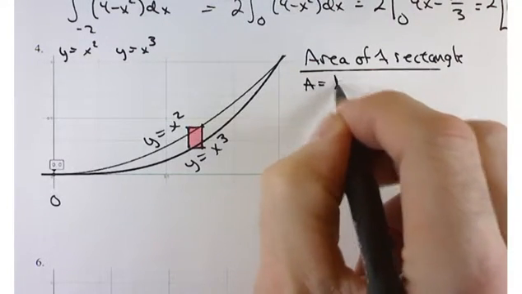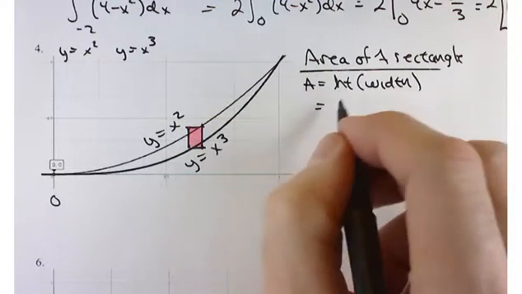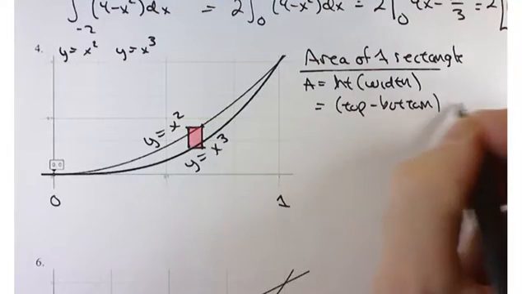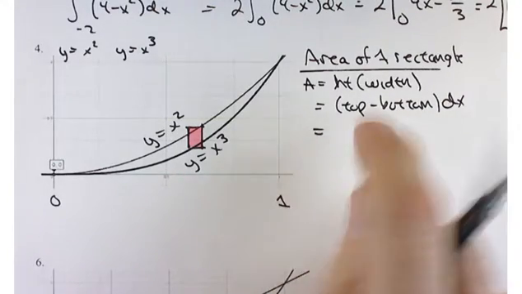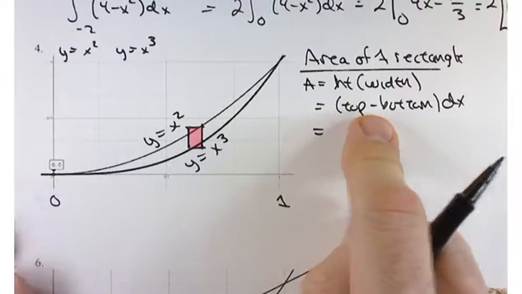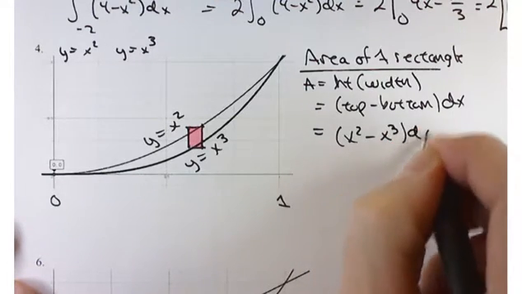Area is going to be the height times the width, which is going to be top minus bottom times dx. What things should I put in here for top minus bottom? X squared minus x cubed dx.